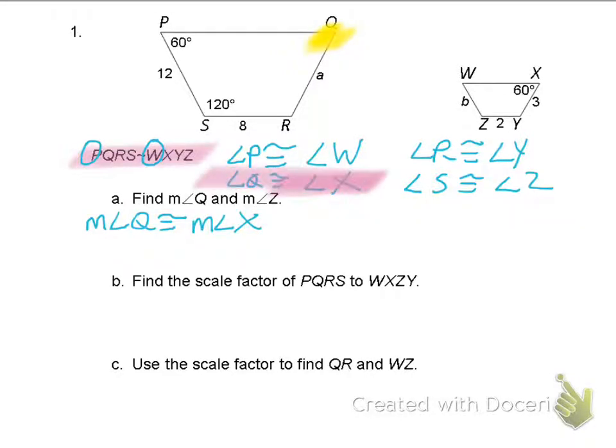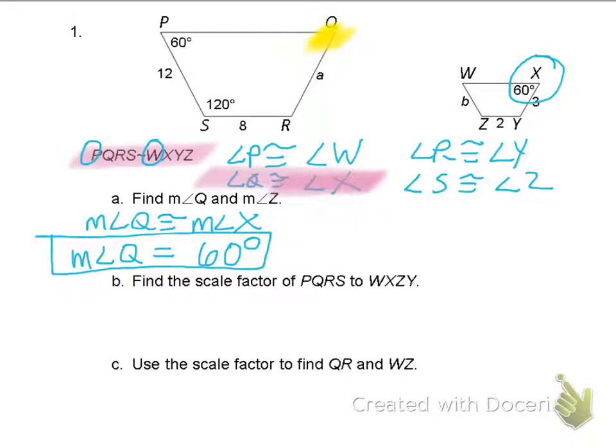So we can write in, we know that angle X over here is 60 degrees. So we can fill in 60 degrees in the place of the measurement of angle X, and that will give us the measurement of angle Q because they're congruent, so they have the same measurement. So the measurement of angle Q is 60 degrees.